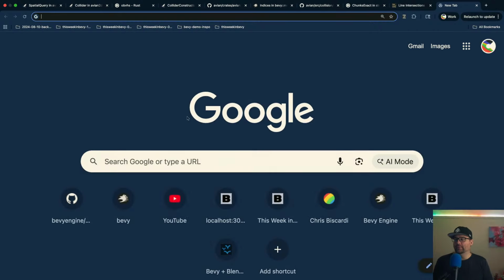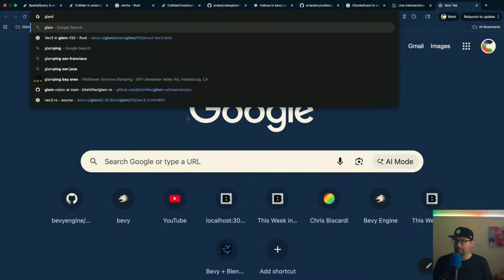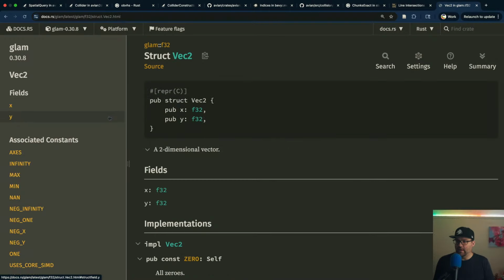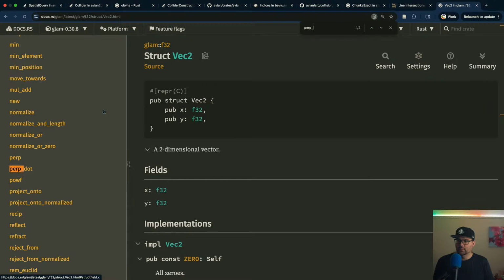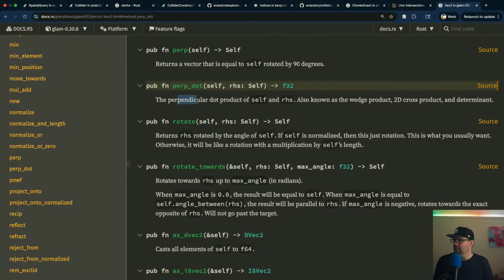I think we have. So the question that I have right now is having mostly done raycasting in shaders and not in a 2D environment like that. Mostly with SDFs. So ray marching is really what I'm more familiar with. There's a function in GLAM for vec2s. It's like perp dot. Wait, is it not?